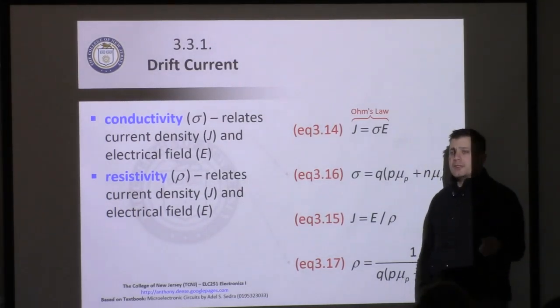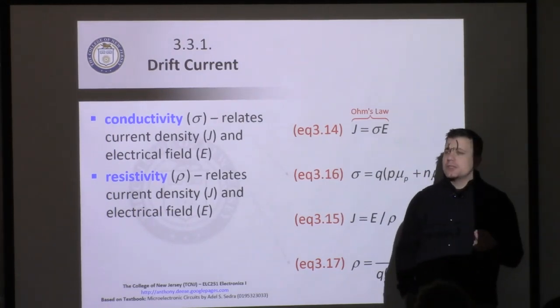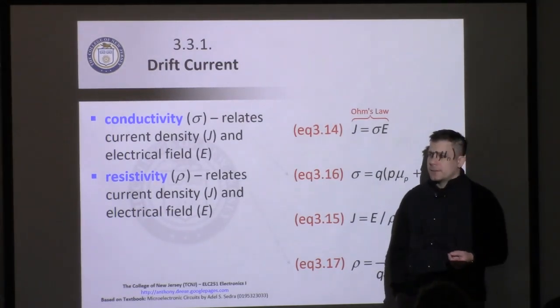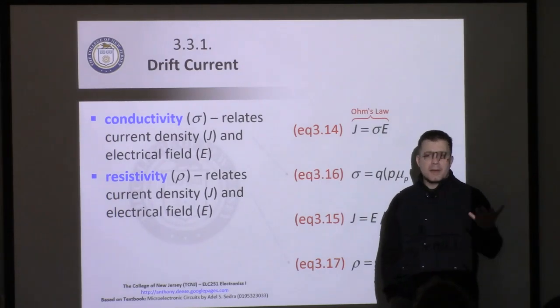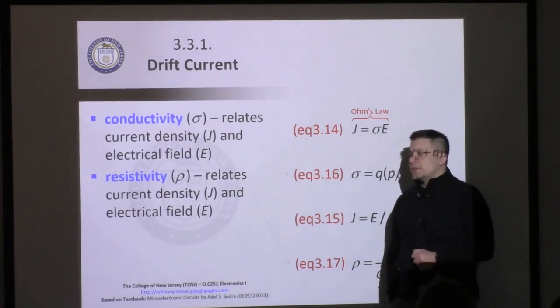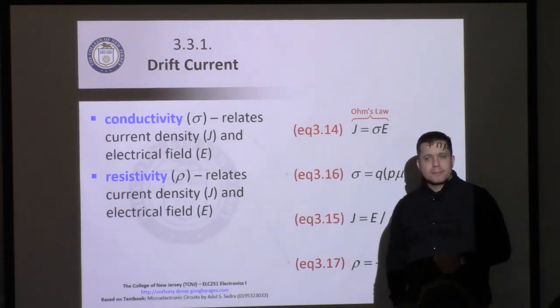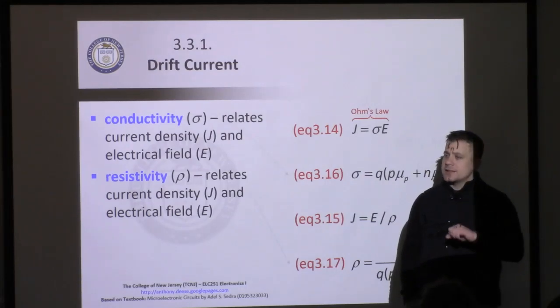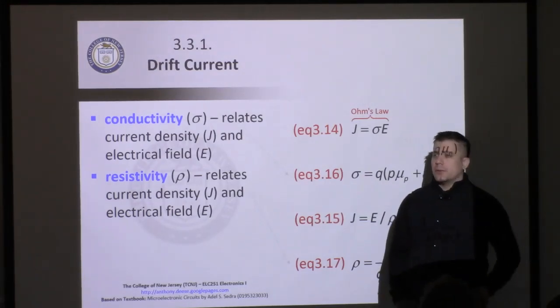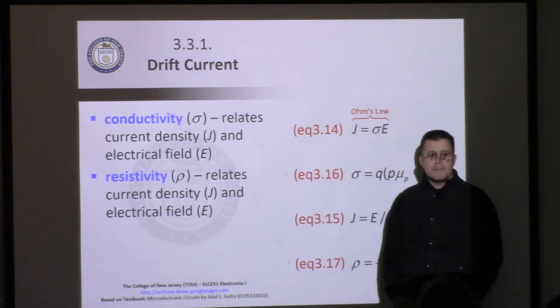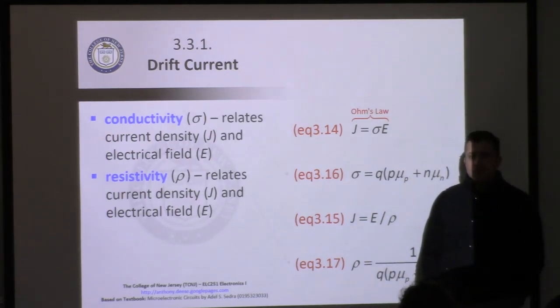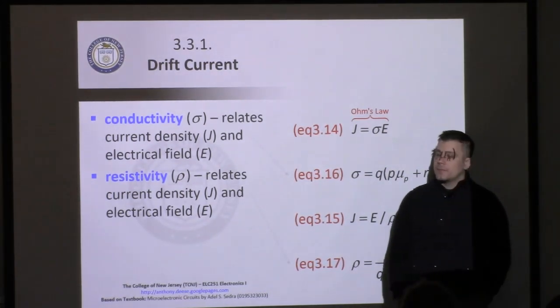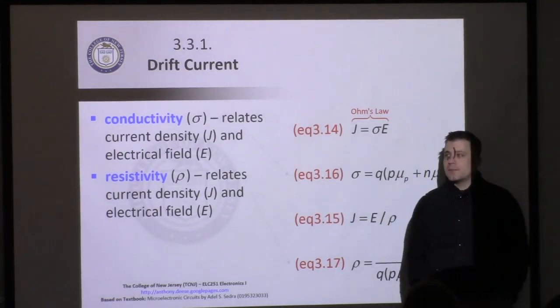Today we're going to dive into another type of current which we have to consider, which is diffusion current. Can anybody explain to me what they think, just based on the name, what diffusion current might describe? So it's a different type of current. It's not dependent on an electric field or an electromotive force being applied. What do you think would make electrons move for a diffusion current? Say it again? Not exactly.